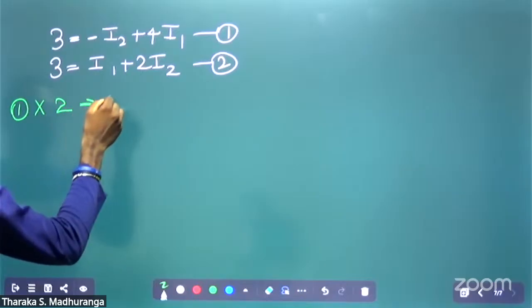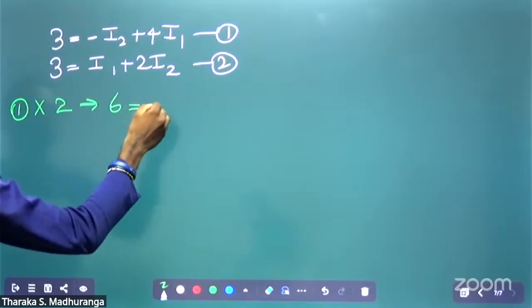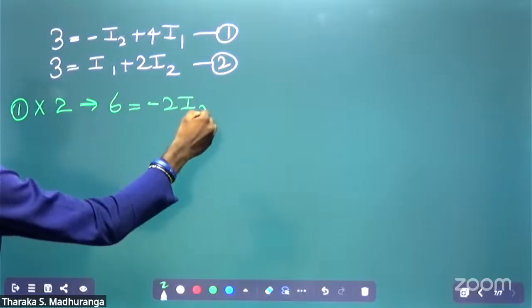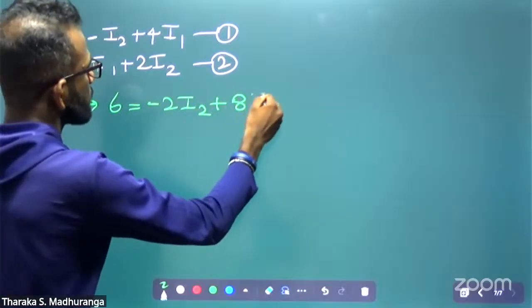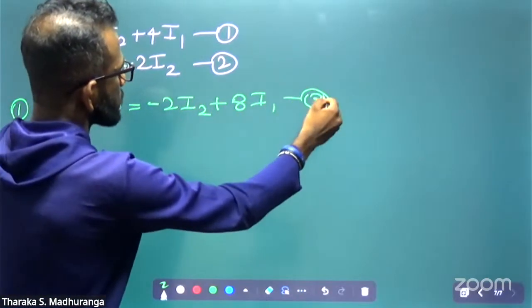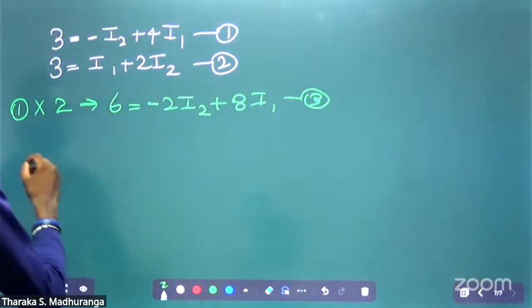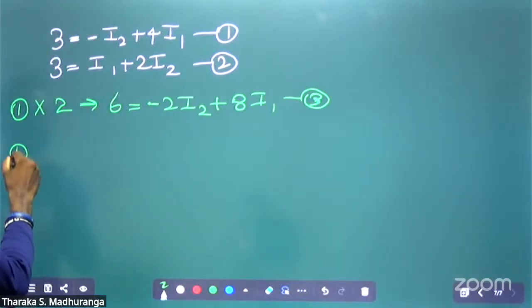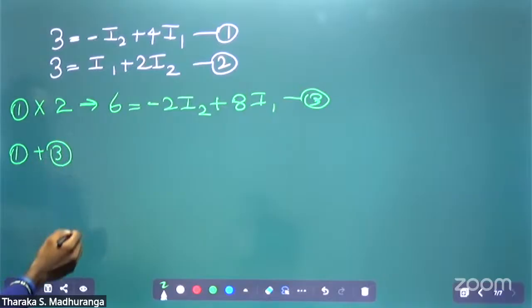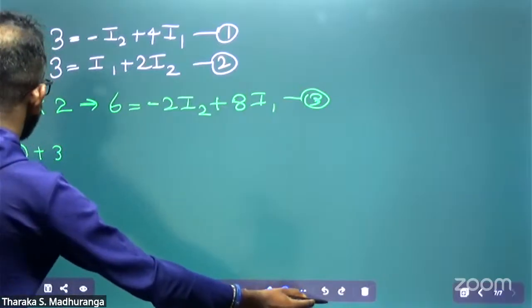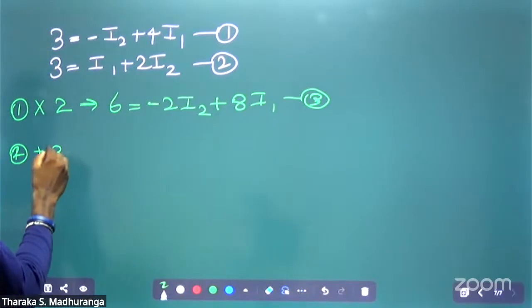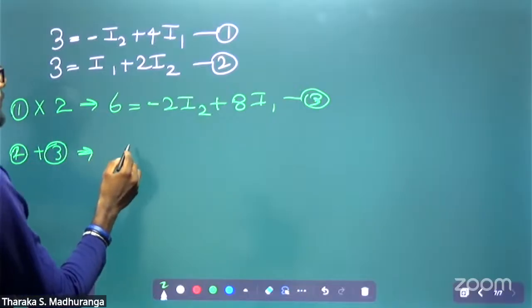Then 6 equals minus 2I2 plus 8I1. This is my third equation. Then I am going to add the second equation to the third equation.